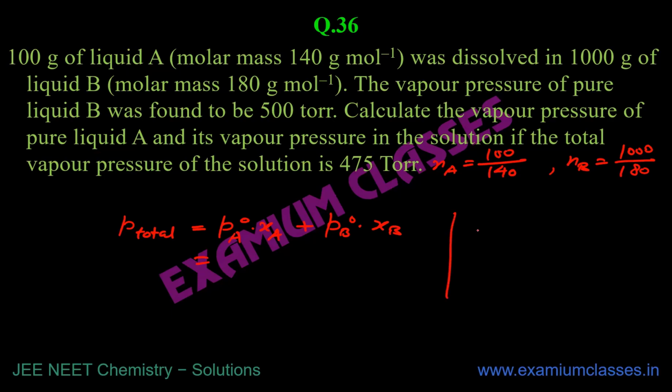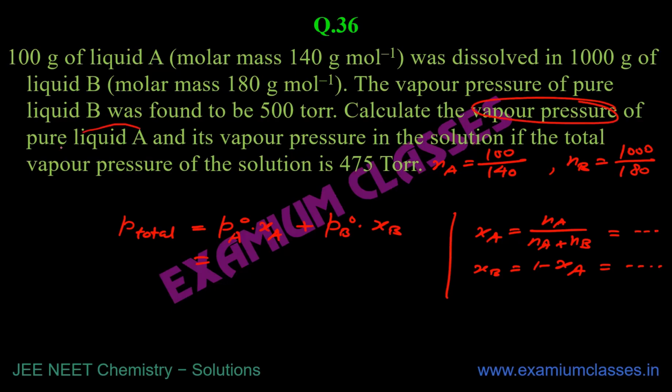So XA, if I calculate, XA will be NA divided by NA plus NB. You will have to do the calculation. I'm not doing the calculation here. So once you get the XA, XB will be 1 minus XA. So you will get both these values. Everything is given except what you have to calculate, the vapor pressure of A. That is unknown.